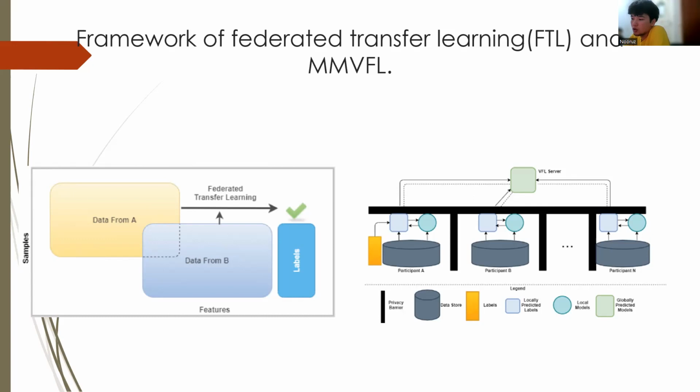It involves learning a common representation between one entity's features and reducing error in prediction of the labels for the targeted entity. FTL is shown in the left side figure on this page.